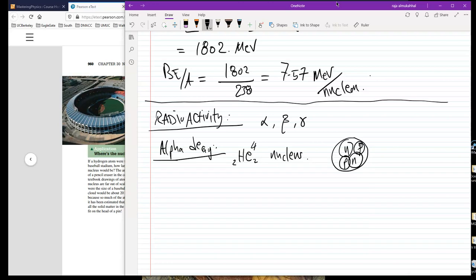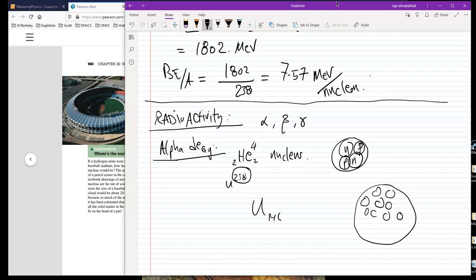So you have this big giant nucleus, such as uranium. Uranium is the largest atom. We have uranium-238, right? So these are 238 nucleons, of which 146 are neutrons and 92 are protons. So a very, very large one.